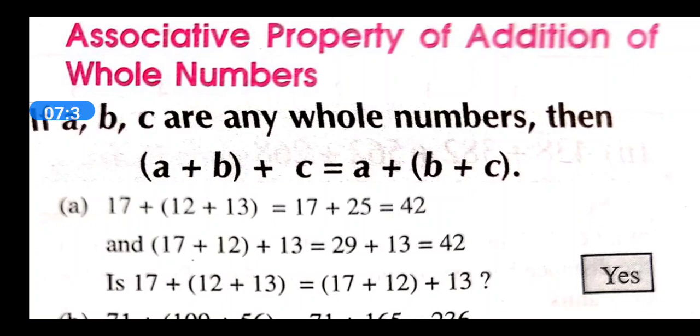So we observe here that the sum of any three whole numbers remains the same when we change their groups, and this property is known as associative property of addition of whole numbers.